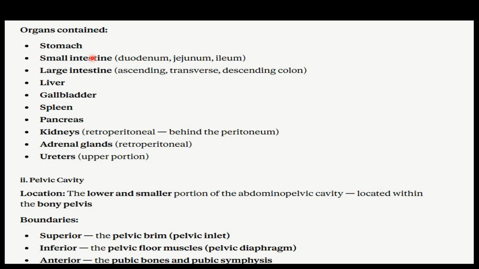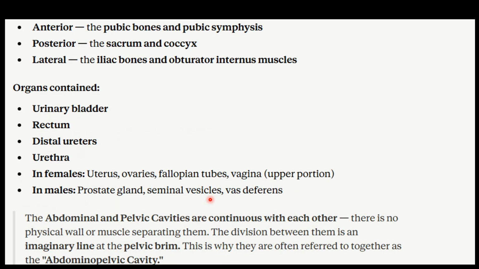The second region is the pelvic cavity, the lower and smaller portion of the abdominopelvic cavity, located within the bony pelvis. Its boundaries are: superior, the pelvic brim, which is the pelvic inlet; inferior, the pelvic floor muscles, which is the pelvic diaphragm; anterior, the pubic bones and pubic symphysis; posterior, the sacrum and coccyx; and lateral, the iliac bones and obturator internus muscle.